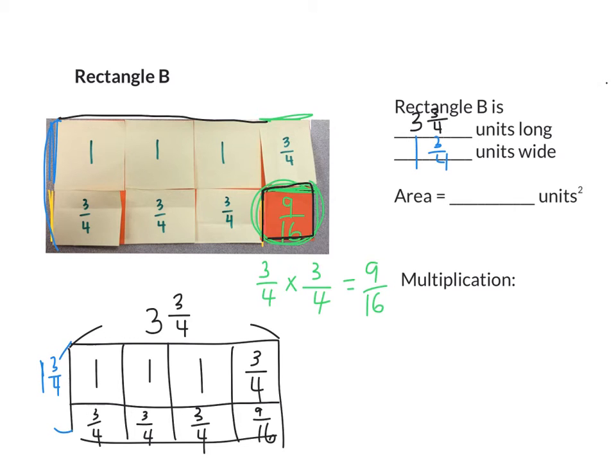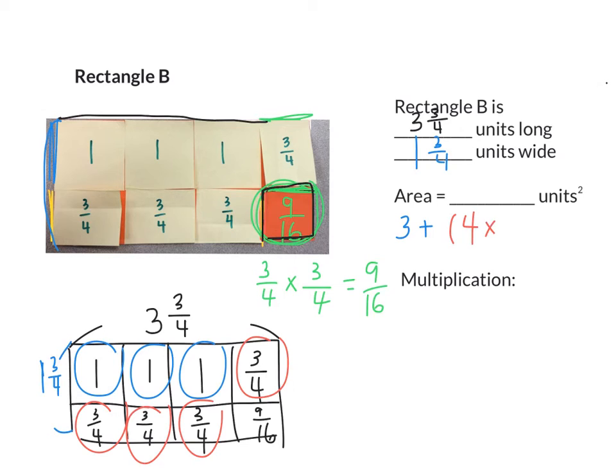Now let's count up the tiles to get the area. How many whole square units do we have? 3. Okay. How many 3/4 size ones do I have? 1, 2, 3, 4. So I have 4 copies of 3/4. What is 4 copies of 3/4? Well, it's 12/4, right?